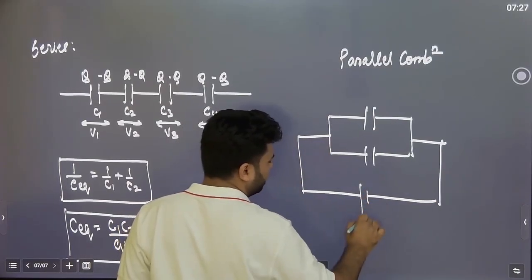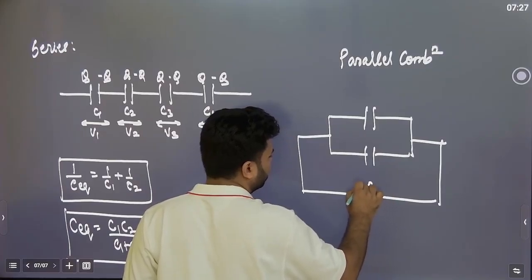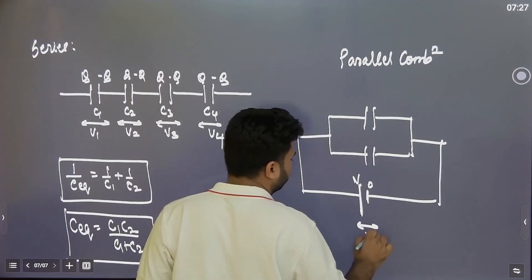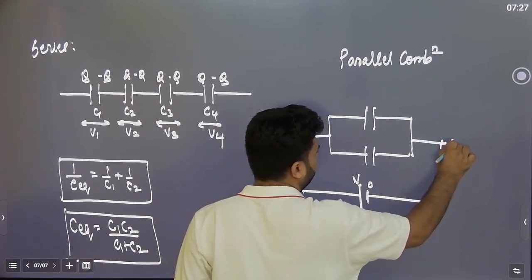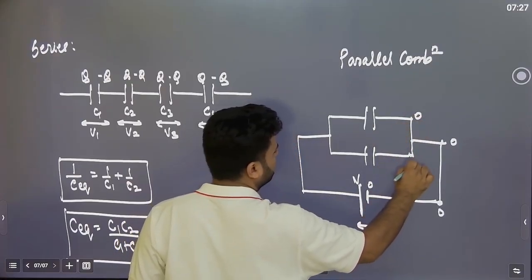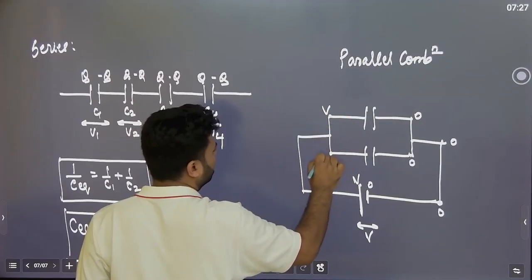If a V volt battery is there, you can take this 0 volt, this you can take V volt, if potential difference of the battery is V. So if this is 0, this will be 0, this will be 0, this will also be 0. If this is V, this is V, V, V, V, here also V, here also V.